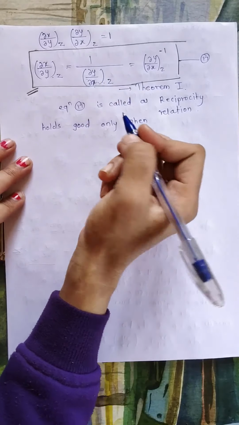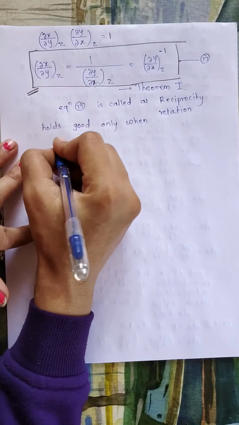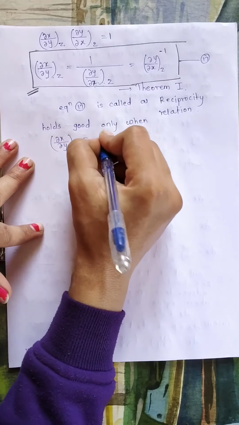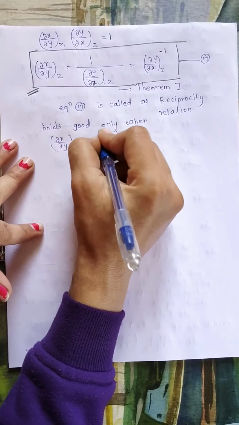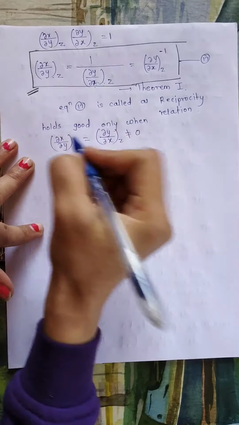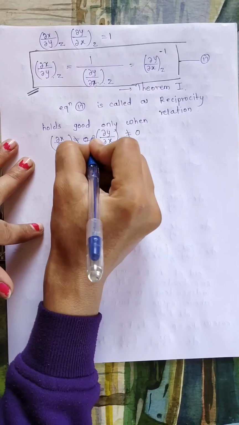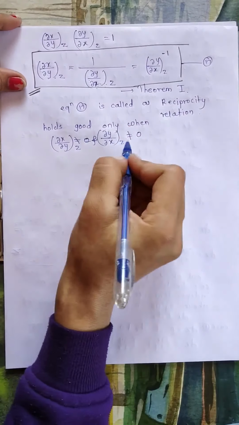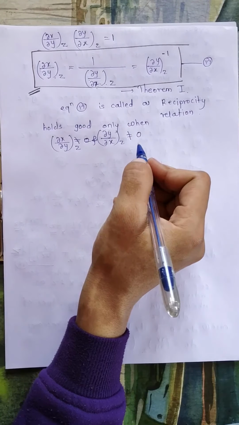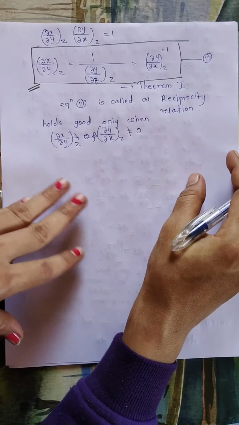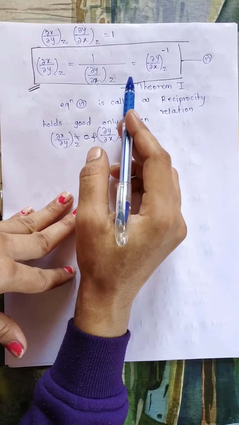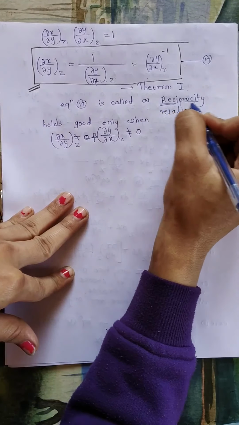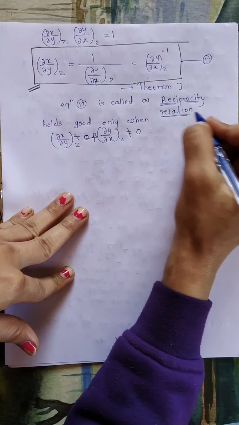Therefore, this equation holds good only when dou x upon dou y and dou y upon dou x are not equal to 0. If any one of these is 0, then this equation is false or it goes to infinity. Therefore, the reciprocity relation holds good when both the terms are non-zero.